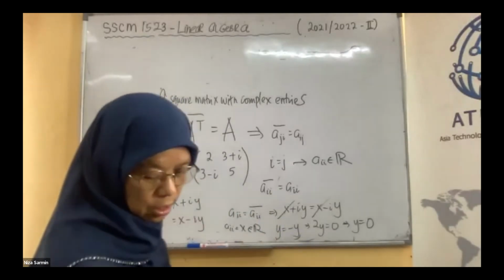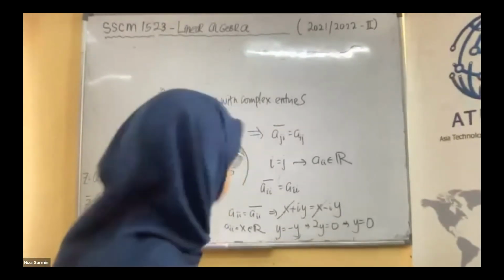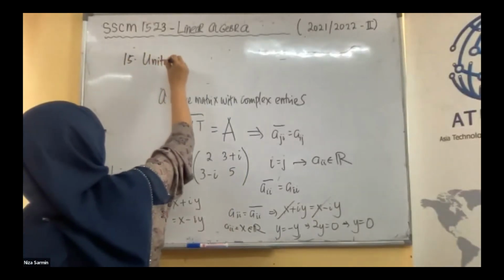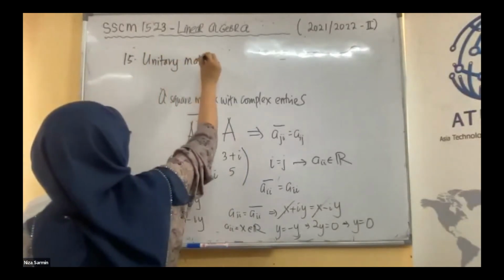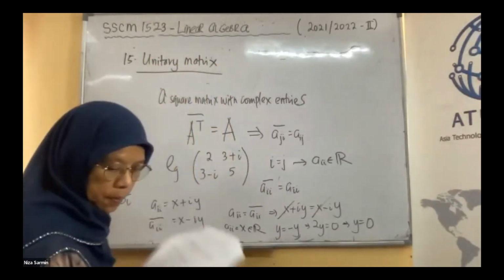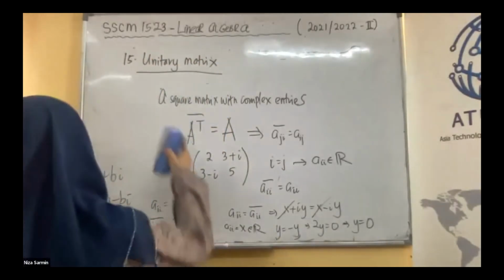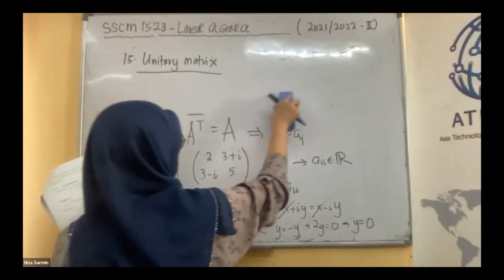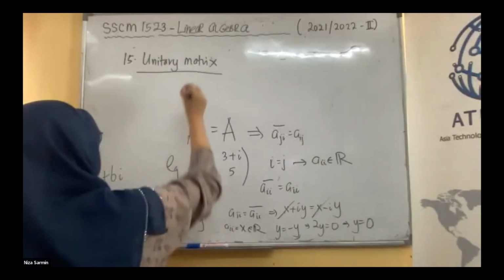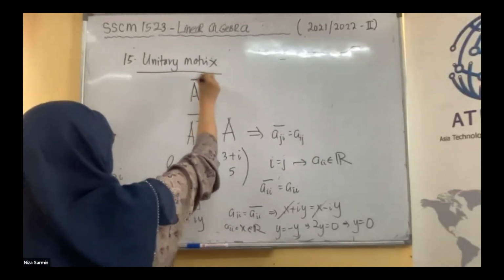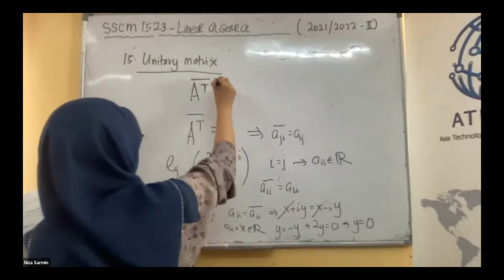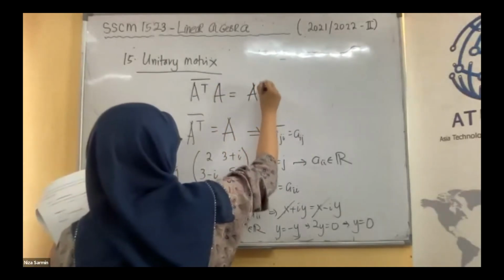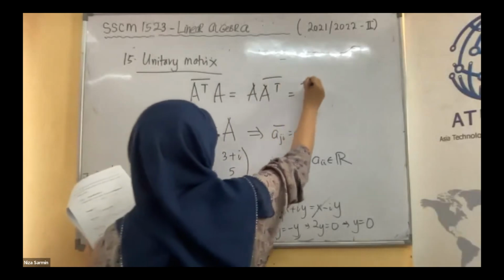But we have two more that I will just write out the definition. Number 15 is the unitary matrix, because you probably have not heard this before. A unitary matrix is also a square matrix with complex entries, where A bar transpose, or A transpose bar, times A is the identity.